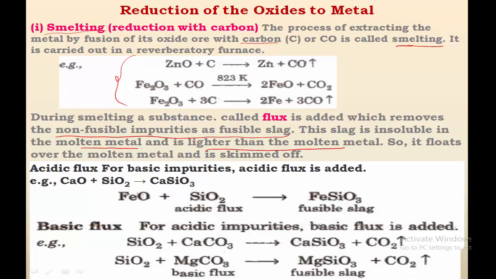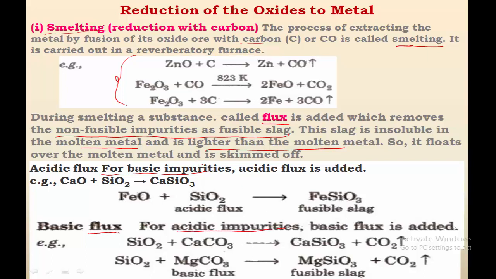So certain impurities which are still present in the ore can be removed with the help of flux. And here different fluxes are used based on the nature of impurities. So acidic flux is used for basic impurities and basic flux is used for acidic impurities.